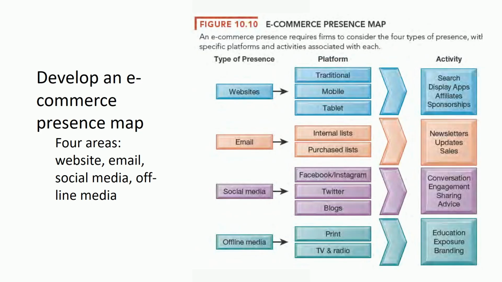So we can utilize Facebook or Instagram or Twitter or blogs, and the activity will include conversation, engagement, sharing, and advice. We can also utilize groups, the community of some particular community which is related to the interest, which is related to the products, to boost the sales.